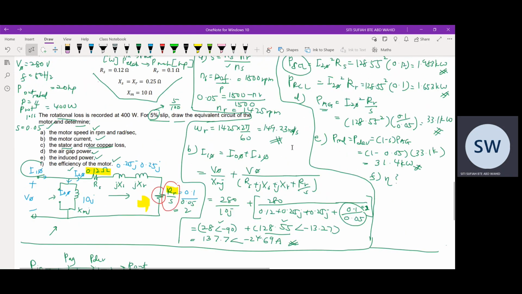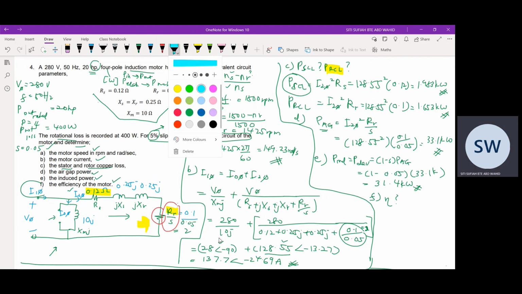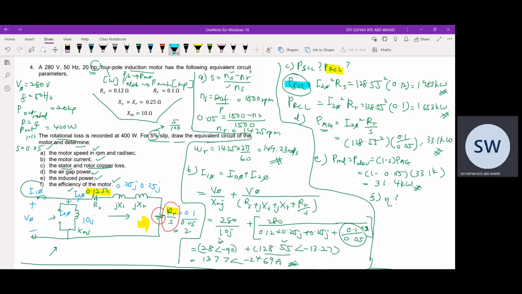Okay, so whatever power you have calculated earlier, you just label. For example, PSCL, PRCL, P air gap, P develop. This one you cannot label first because this is the rated value.